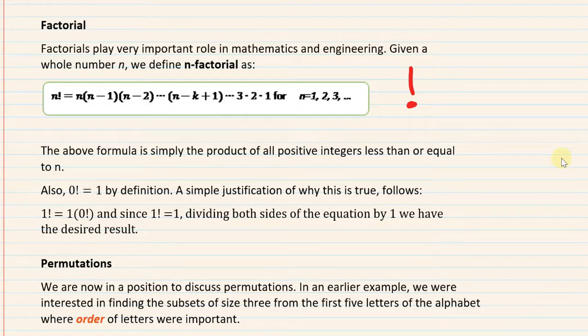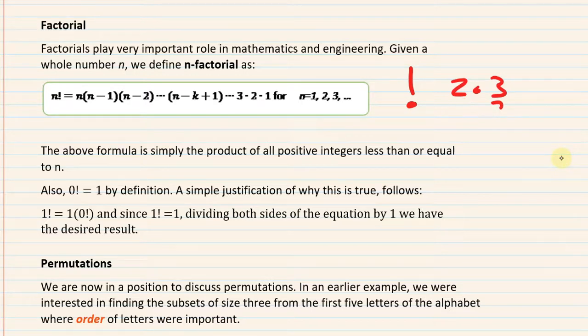Remember, going back to algebra days, when we talk about factors of a number, we're talking about two or more numbers that multiply. The keyword here is multiply. Like, for example, factors of 6: 2 times 3. So the factor in factorial means we have some kind of a product going on.